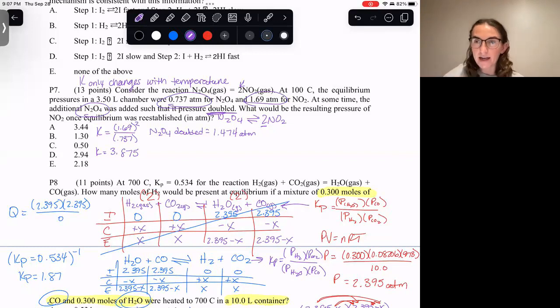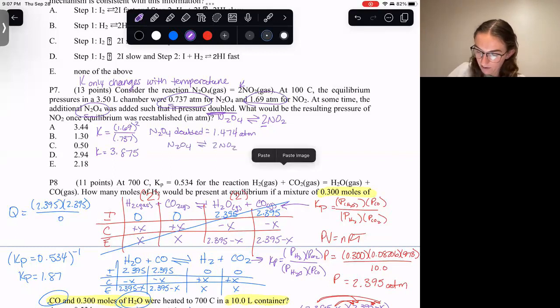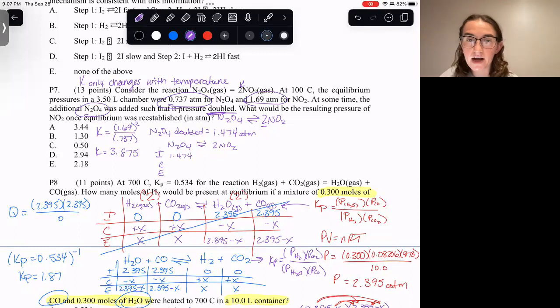Okay, so if you were to write an ICE table for this, we would have N2O4 and 2 NO2. This would be 1.474. What is our initial for NO2?